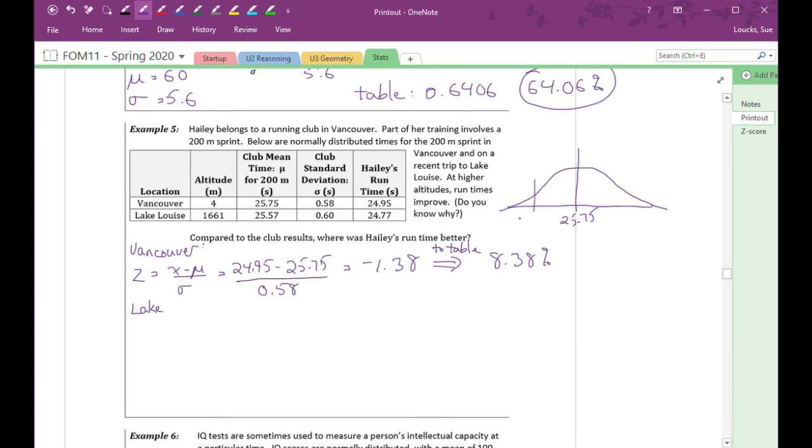Her run time was 24.95. So this amount here is 8.38% had times faster than Haley because their times were smaller. So there were 8.38% faster than Haley in Vancouver.